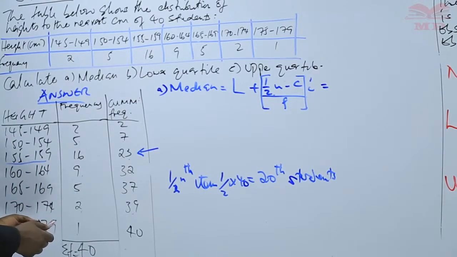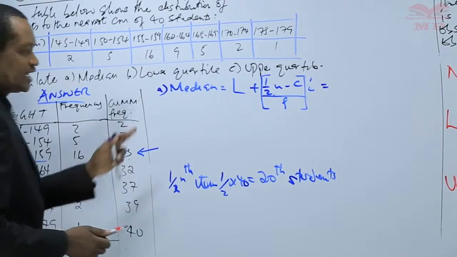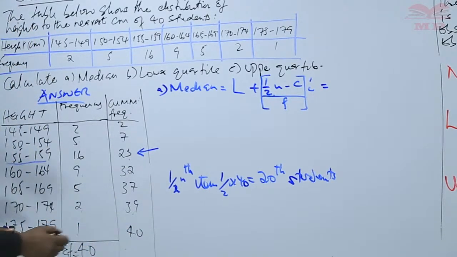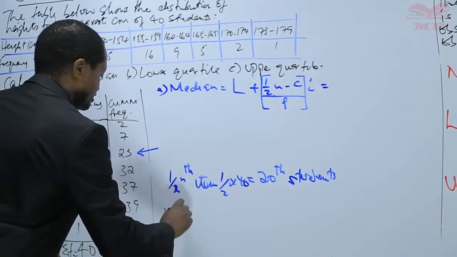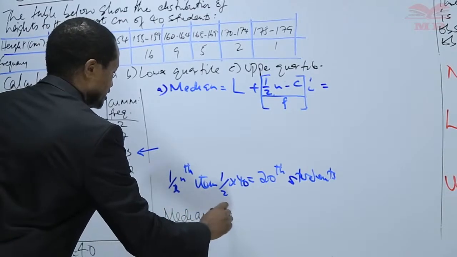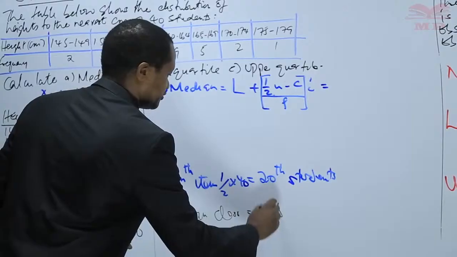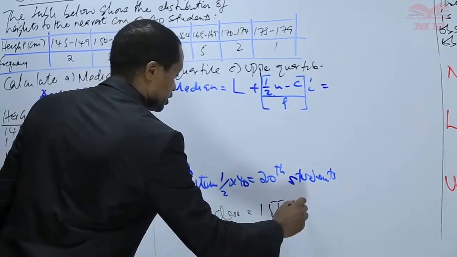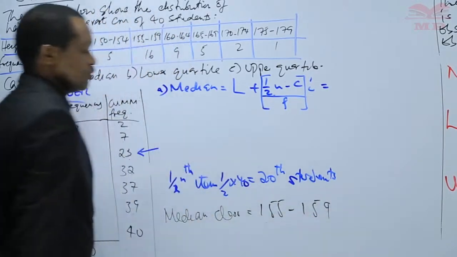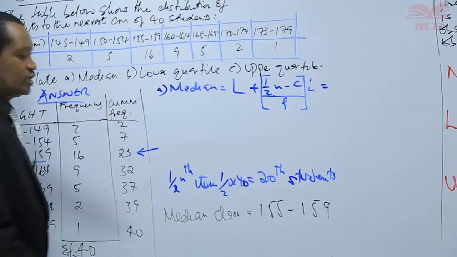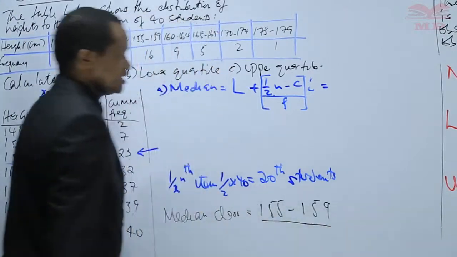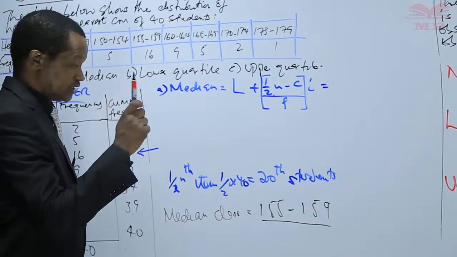So the median class is 155 to 159. That is step number 1.